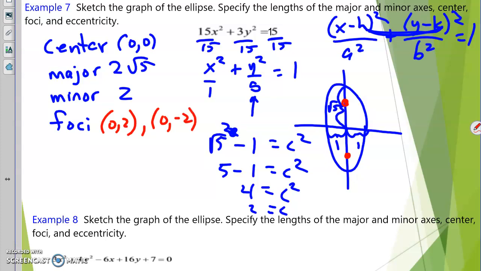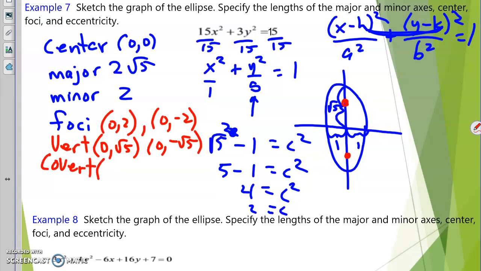We also know that my vertices, I don't know that they asked for it, but I'm going to give it to you anyway, are at (0, square root of 5) and (0, negative square root of 5). My co-vertices are at (1, 0) and (negative 1, 0).